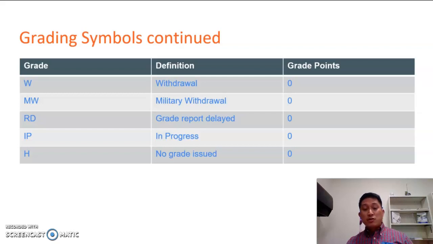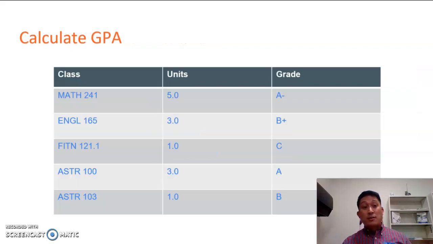So what I want you to try is to actually take a look at a sample schedule from last fall of a student. So this student took a 5-unit Math 241 class and earned an A minus. The student also took English 165, 3 units, and earned a B plus.